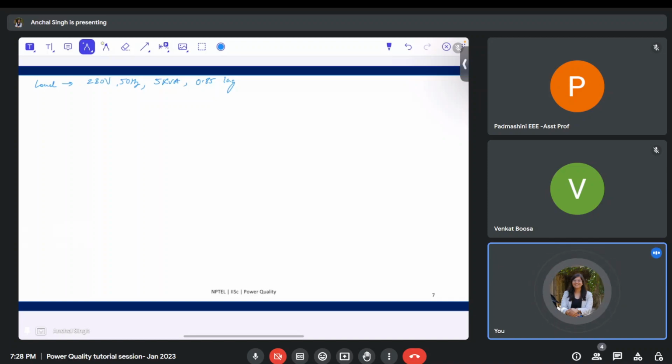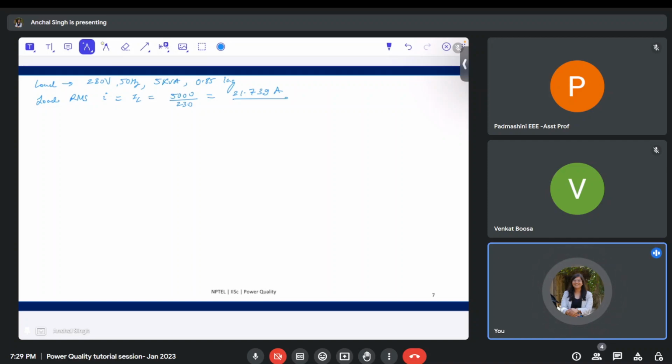So the voltage across the load is 230 volt. From that we can calculate the load RMS current, let me call it IL. It will again be 5000 by 230. We already calculated this value in the previous question as well. 21.739 amperes.